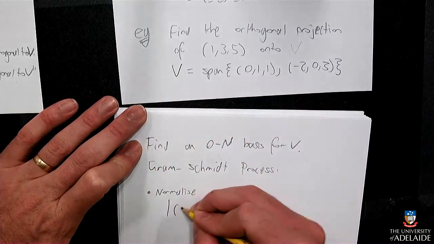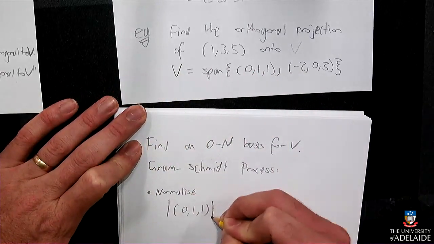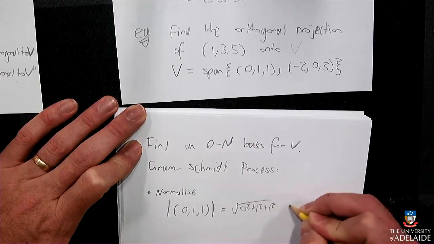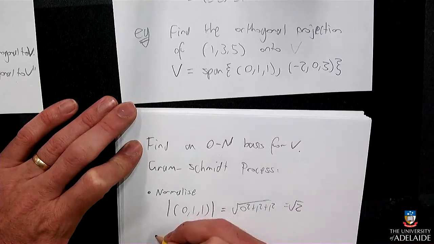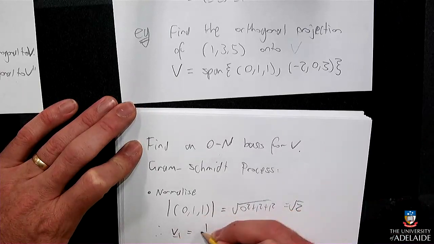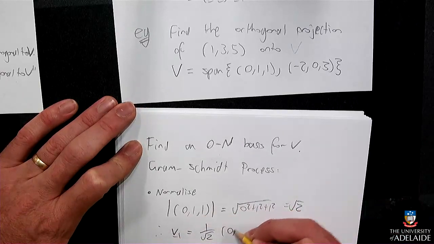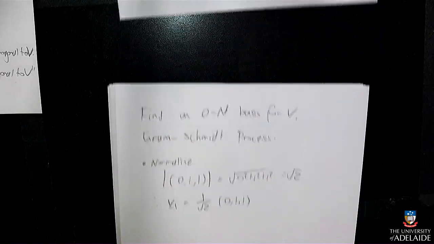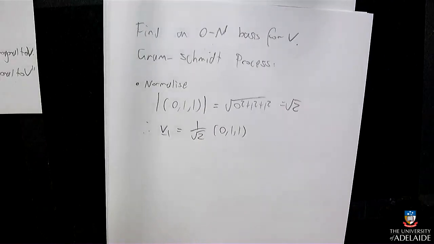So the length of (0, 1, 1) is the square root of 0 squared plus 1 squared plus 1 squared, which is root 2. And so therefore my first vector is going to be that: divide the vector I first chose by its length.